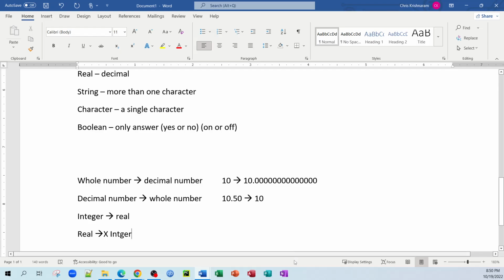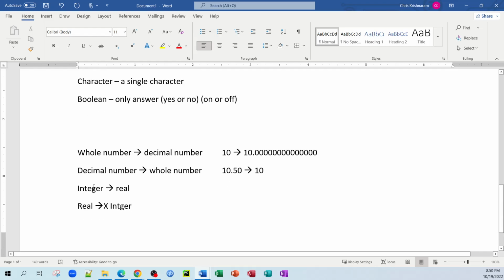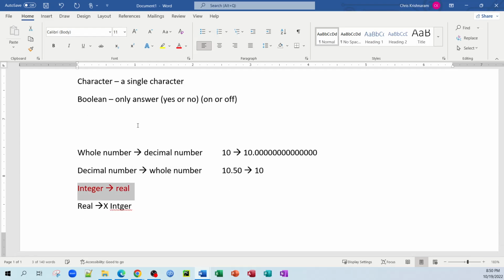That's not going to work. You cannot store a real into an integer.